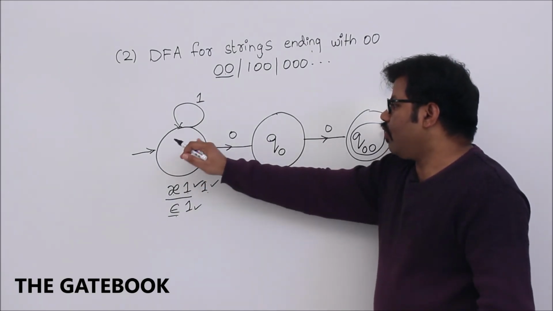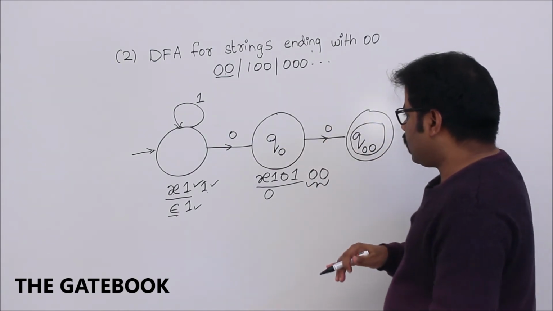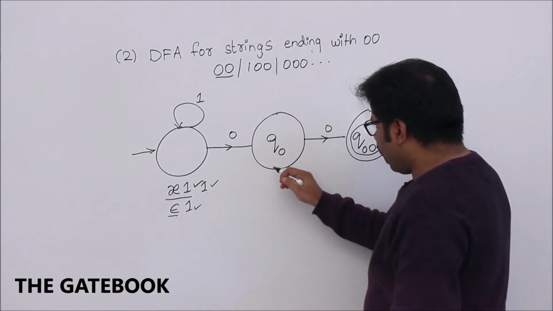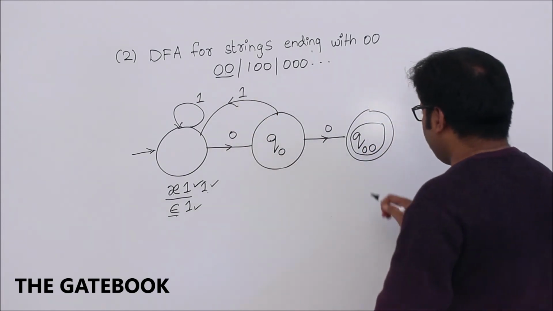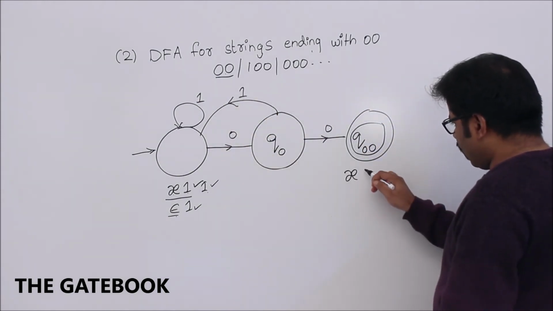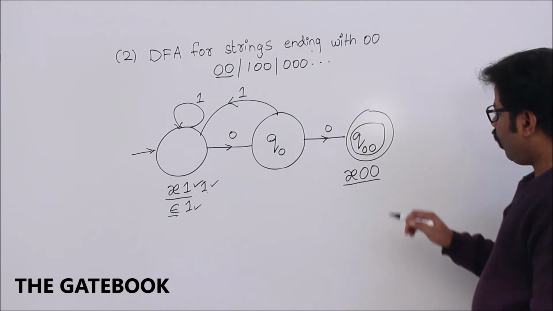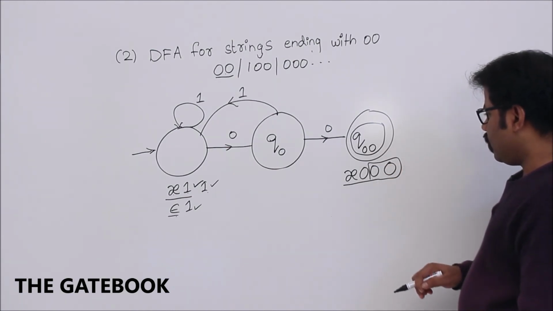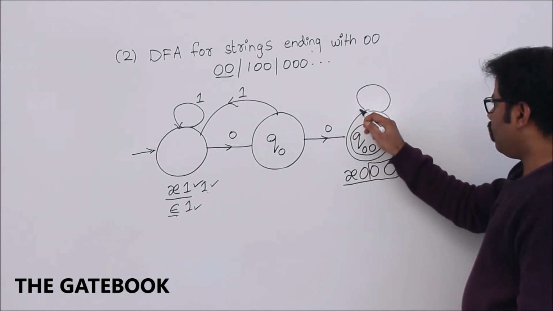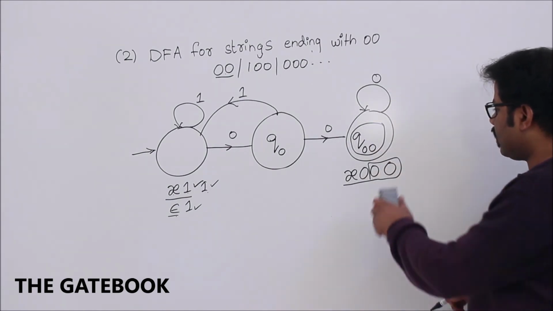This state is waiting for two zeros to come to go to final. Whenever I am here on 1, I will go here. This is the state we are in whenever the string ends with two zeros. If another 0 comes, your string is still ending with 00, so I will stay in a loop. Any number of zeros, let them come, I will accept them.